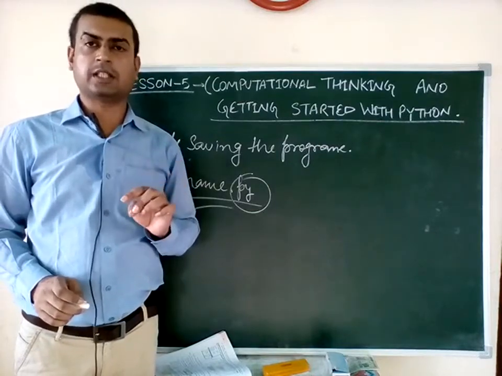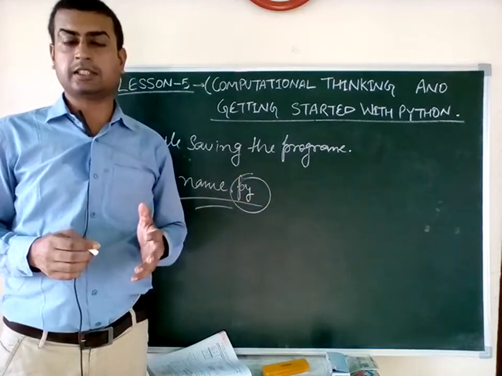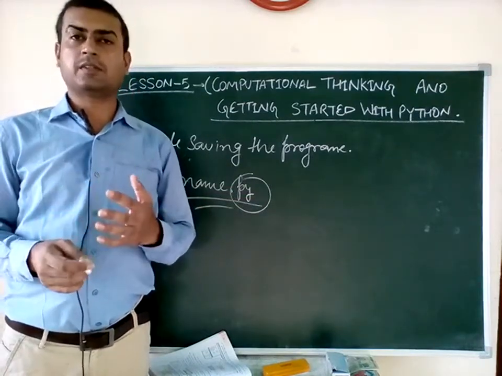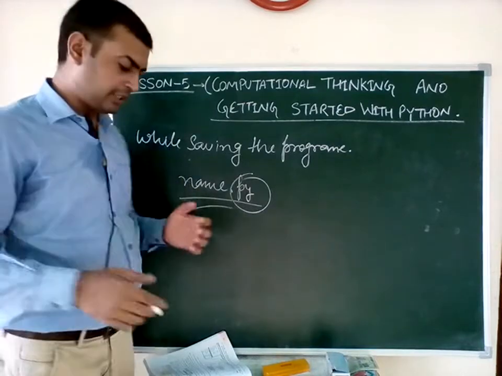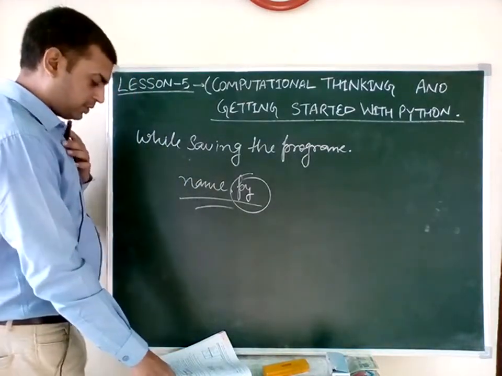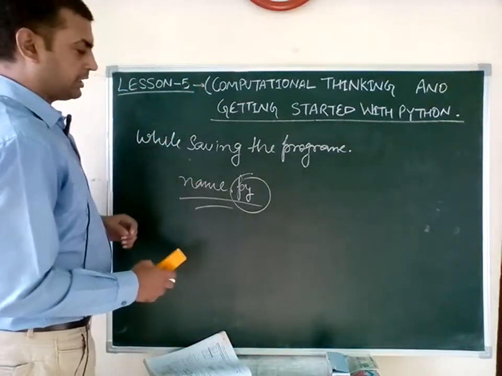This is very important. If you do not write the .py extension, your computer will automatically use the .py extension and it will be saved. But we should use this extension.